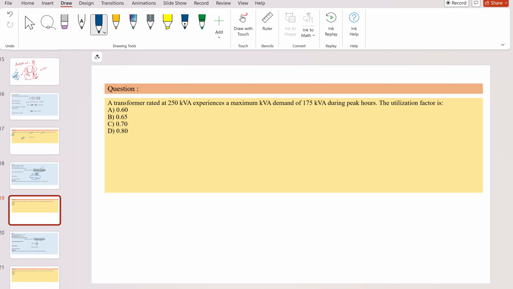Try to solve this. Option C, 0.7. Anyone else? Okay, I got C as two answers.